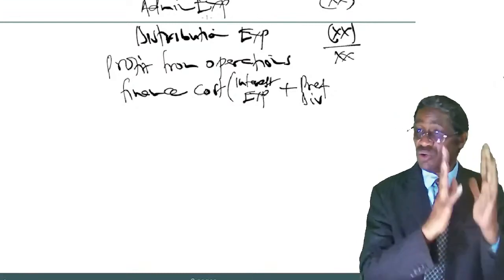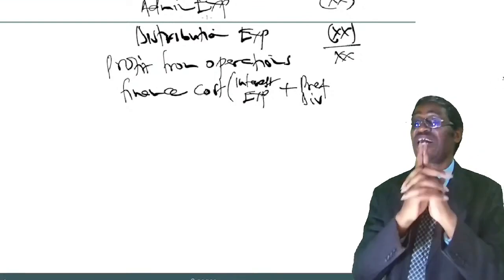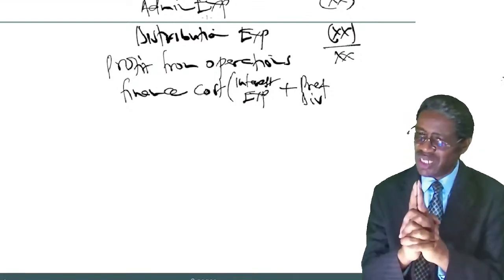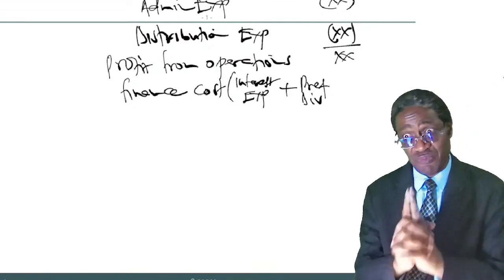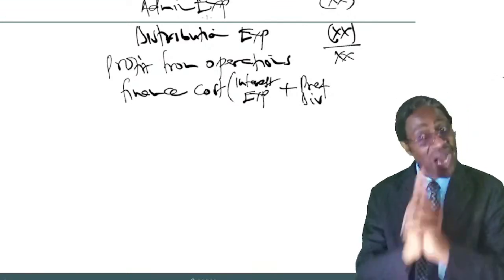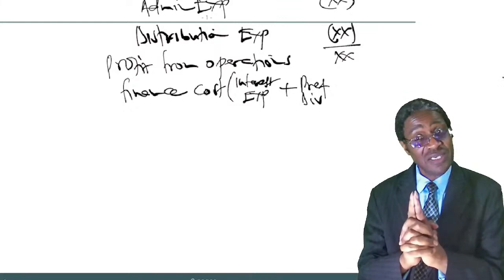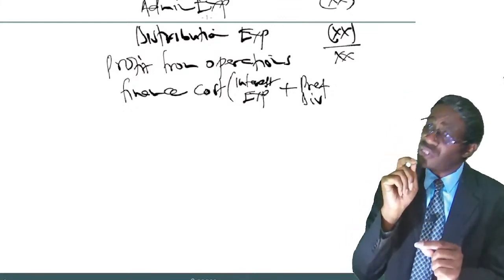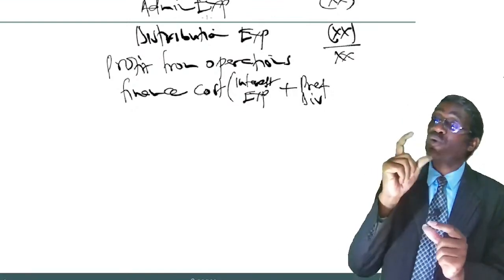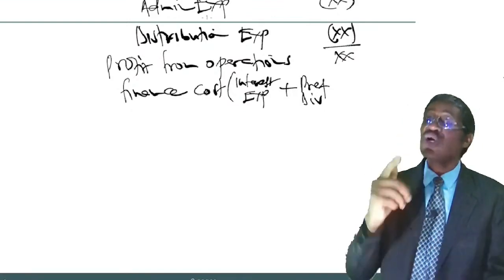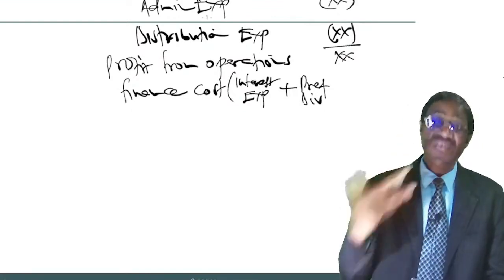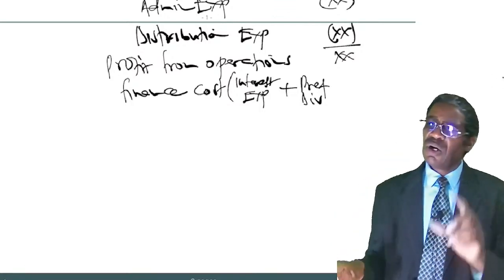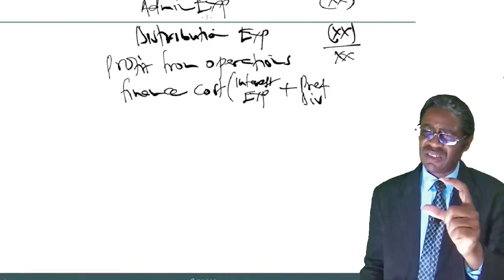Dividends, whether on ordinary or on preference, they are normally an appropriation of profit. In other words, they are paid out of profits. But we are saying there is one type of dividend which we normally don't consider as an appropriation of profit, but we consider it as a finance cost. The question is this: which kind of dividend is this?